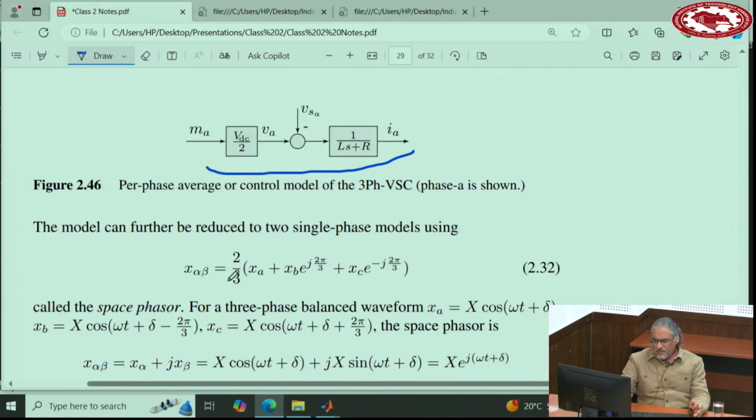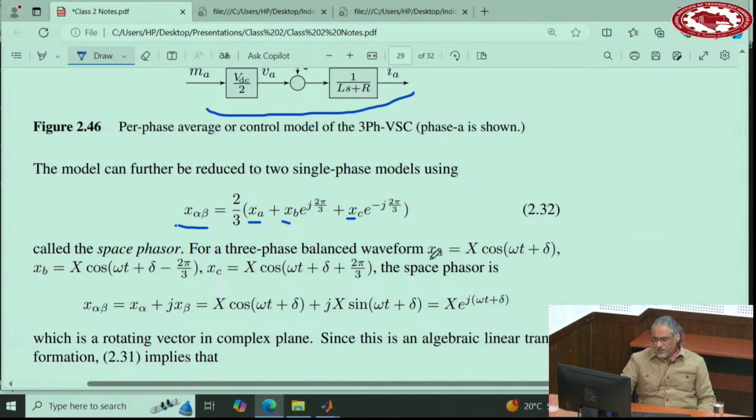So there is mathematics behind that. For every signal A and B and C, this is to define alpha beta. So alpha beta now is a complex signal, you can say, that has a real part and an imaginary part.